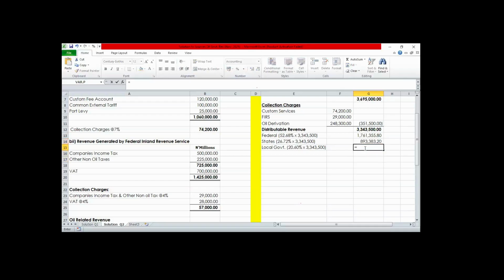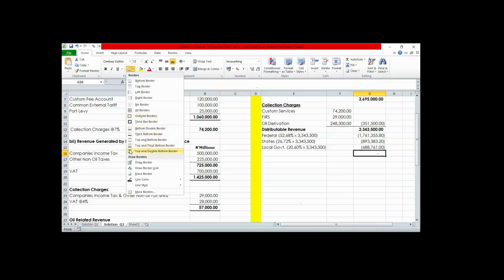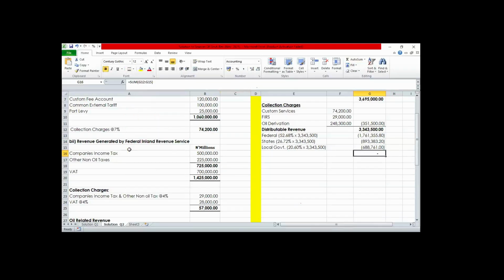And the last one, we have 20.6% times this. All these will now be deducted from there, and see whether we can secure a nil figure. We have nil. Can you see it? That's how to go about it. That's the end of that one.